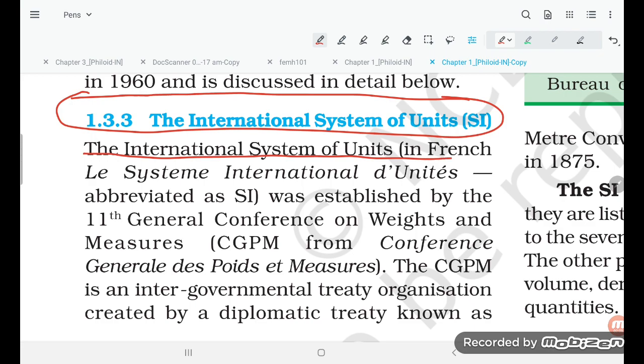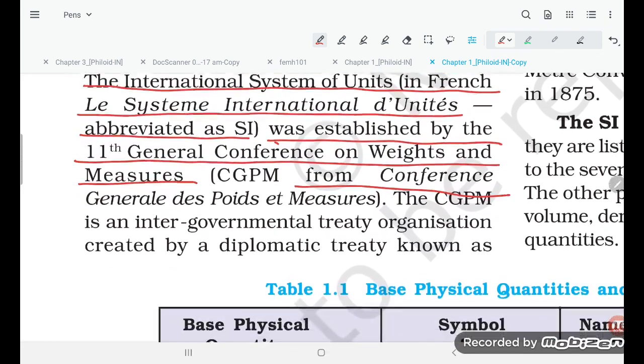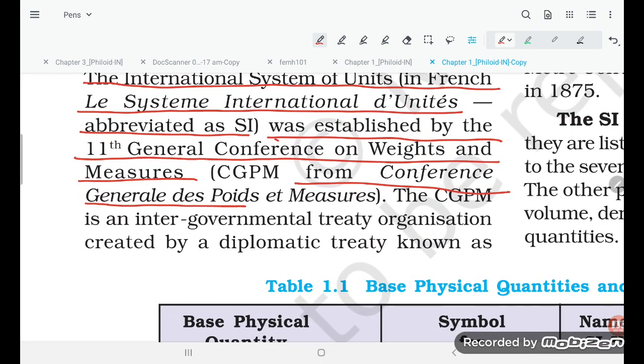The International System of Units, in French Le Système International d'Unités, abbreviated SI, was established by the 11th General Conference on Weights and Measures, CGPM, Conférence Générale des Poids et Mesures.